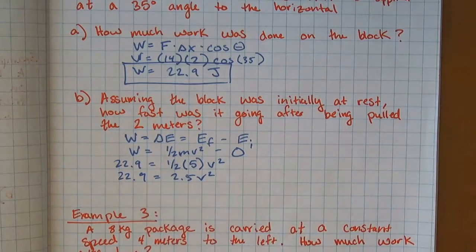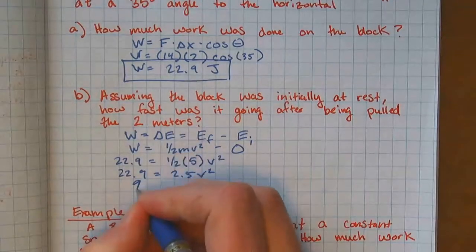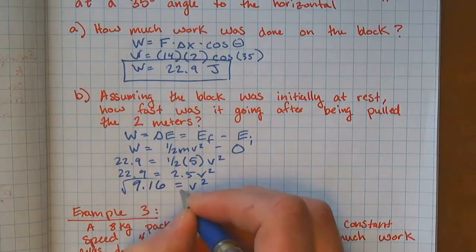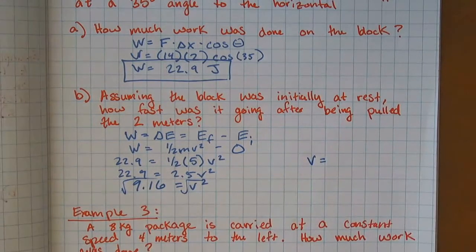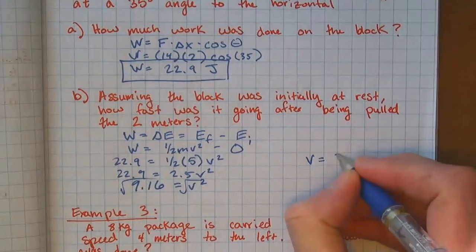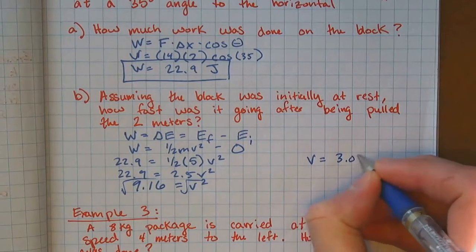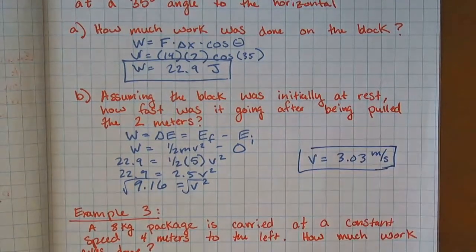Divide by 2.5, and 22.9 divided by 2.5 gives you 9.16 equals v squared. Square root both sides, and you get that v is basically 3.03. But you could just have 3 basically. So there we go.